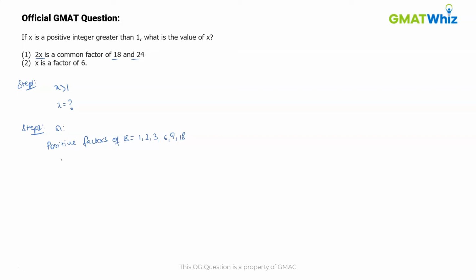Similarly, the positive factors of 24 are 1, 2, 3, 4, 6, 8, 12 and 24. And the common factors are 1, 2, 3 and 6.